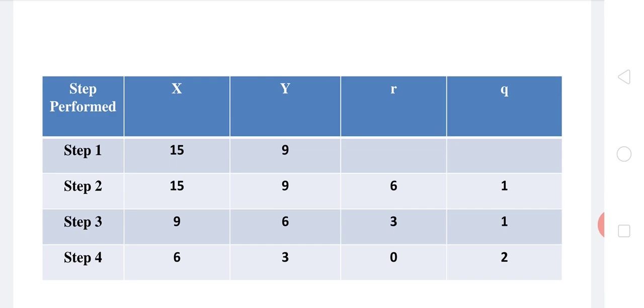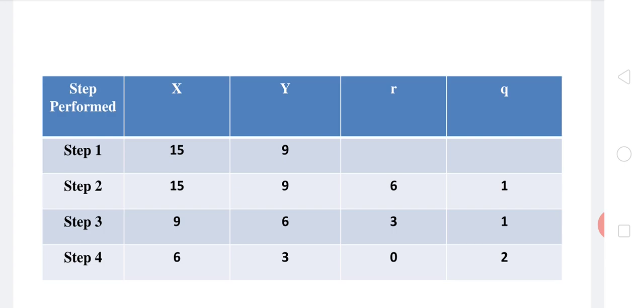Now in step number 3, the value of y, 9, becomes the value of x, then the value of r becomes the value of y. So in step number 3, x is 9 and y is 6.